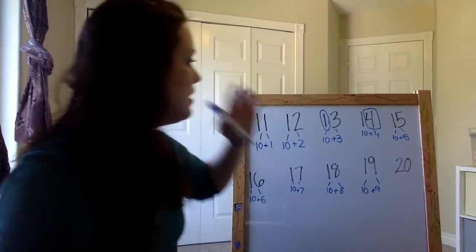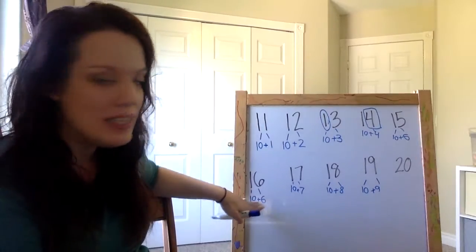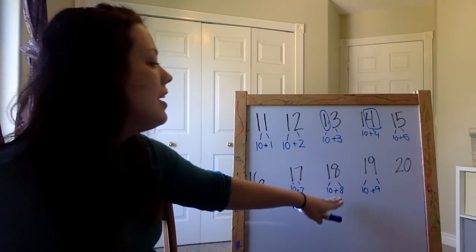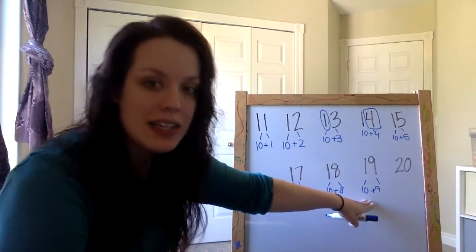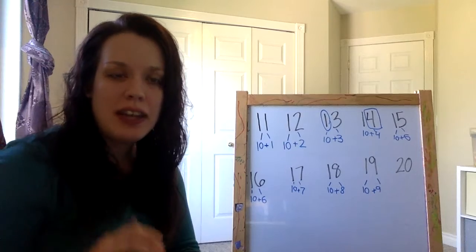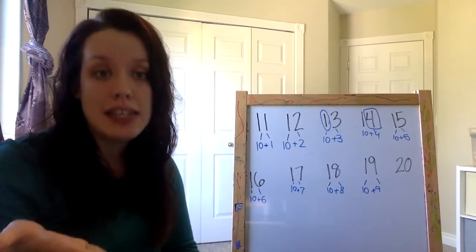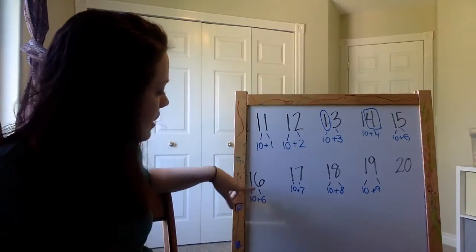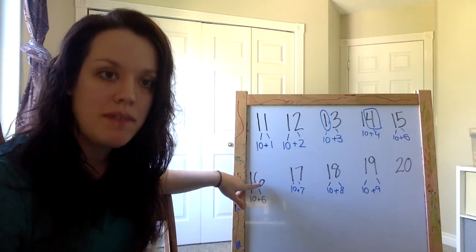So when I get down to these ones like 16, 17, 18, and 19, it can be a little tricky because when I say the number 16, it sounds like the 6 should come first.